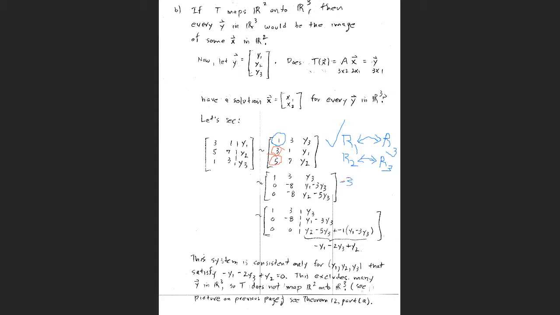So I took, and I appreciate all participation, I took -3 times row 1, and added it to row 2, and put the result in row 2.